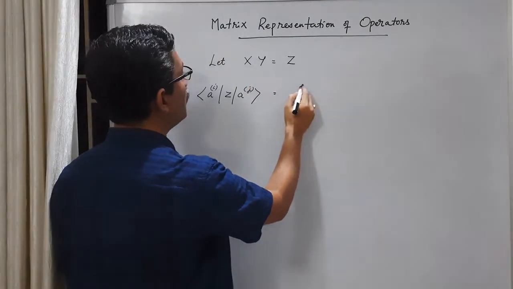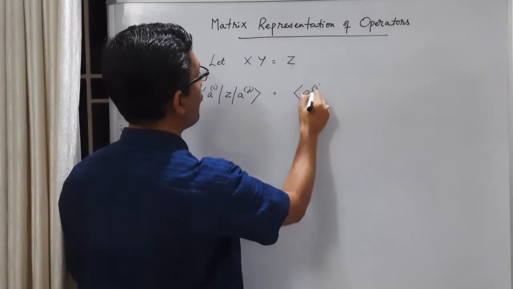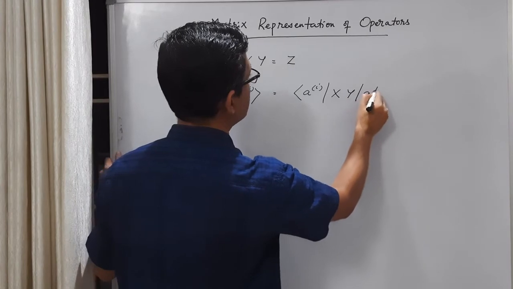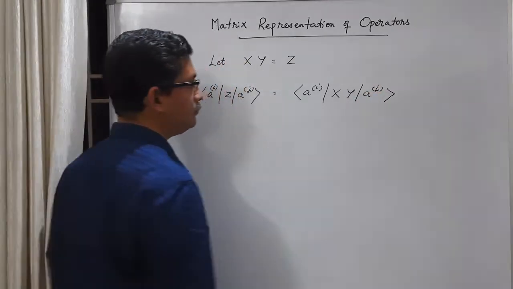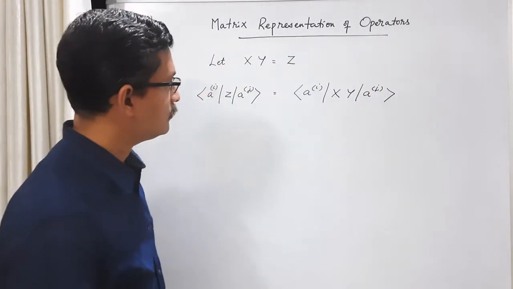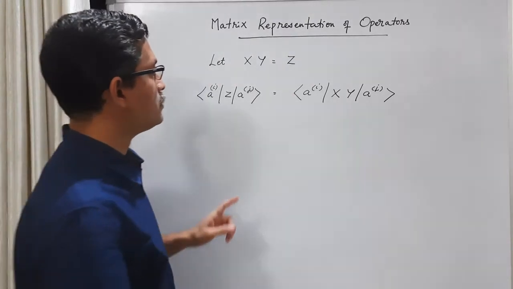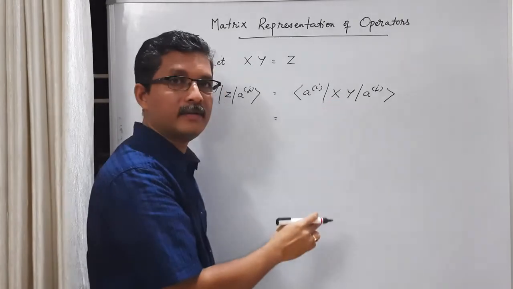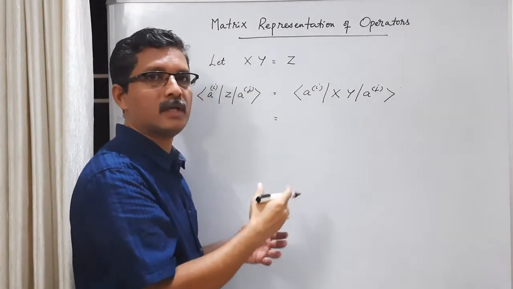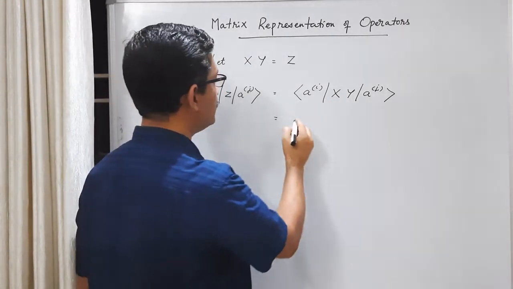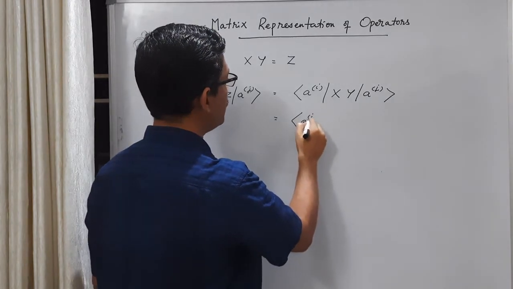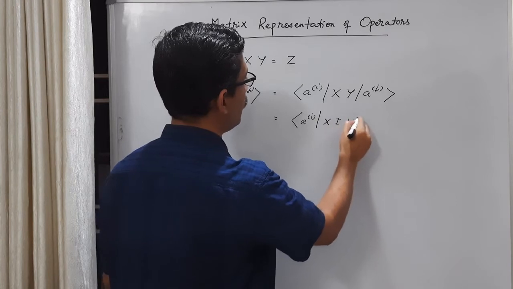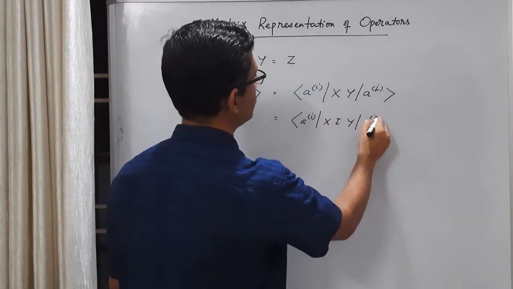So we have ⟨a_i|XY|a_j⟩. Now what I am going to do is, in between this X and Y, I am introducing an identity operator, and I am going to use the completeness condition of the base vectors. That is, I am writing it like this: ⟨a_i|X (identity operator) Y|a_j⟩.